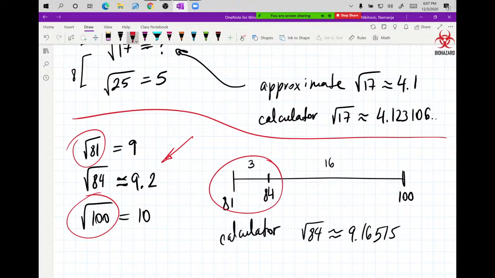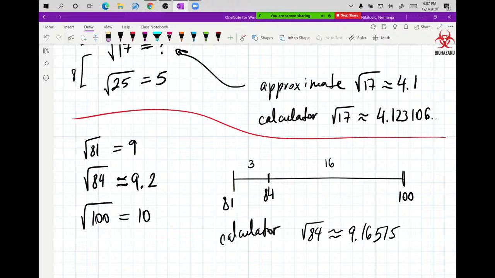If the number is closer on the other side, it will be larger decimals like 0.8, 0.7, 0.9, whatever. It depends. If I try to take a square root of, let's say, 98, well, clearly I'm going to put that as 9.9 because the square root of 98 is very close to 100. So I better approximate that with 9.9 because at 100, you have a 10.